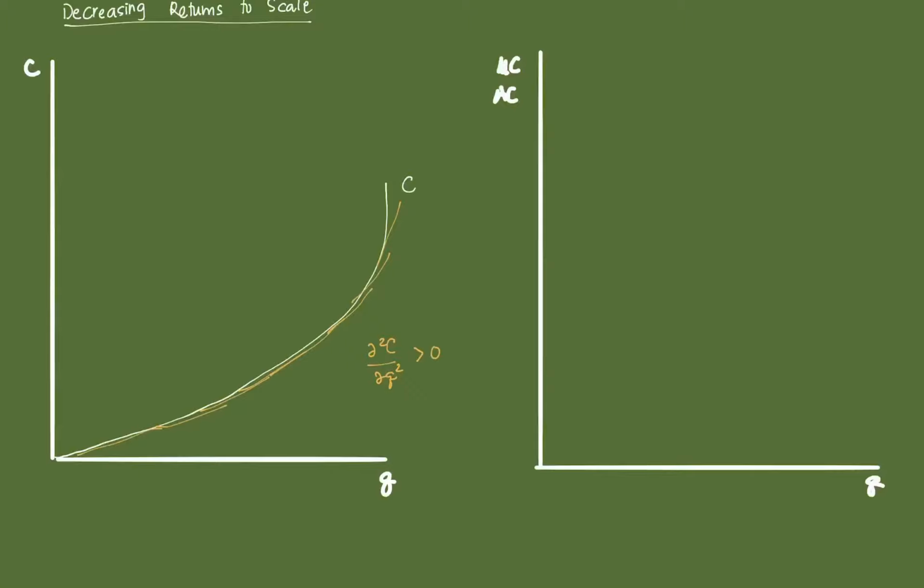So it implies that marginal cost is also increasing. Since the slope is increasing, marginal cost increases as Q increases, and so does average cost. But this time, what you'll notice is that marginal cost is greater than average cost. And if we graph this one, it's gonna look something like this. So we have, say this is marginal cost, and this is average cost.